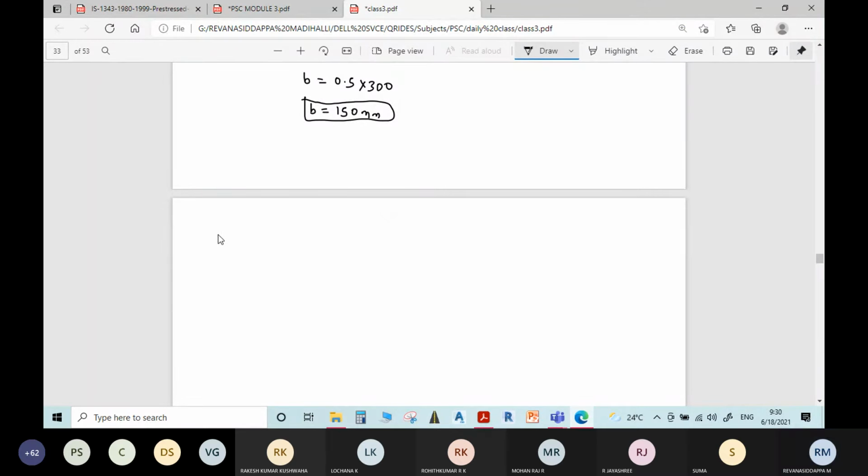From IS 1343 1980, table 11, for xu by d is equal to 0.5. This we have assumed.